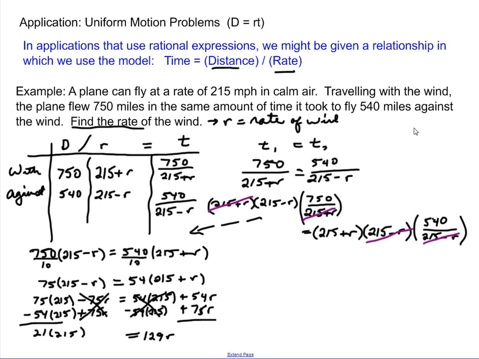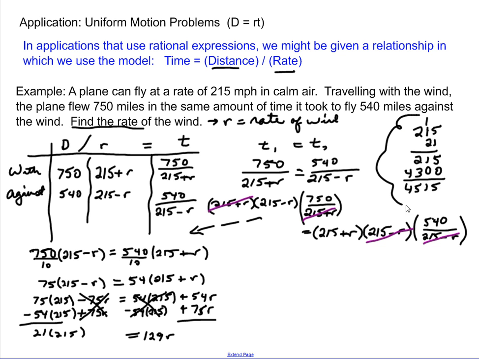Why? Well, 215 times 21: I carry down 1 times 5, 1 times 1, 2 times 1, and then I take 5 times 2, I'll leave a 0 right here as a placeholder, 5 times 2, which is 10, carry the 1, 1 times 2 plus 1, that's 3, 2 times 2, that's 4, and I actually have the number 4,515.